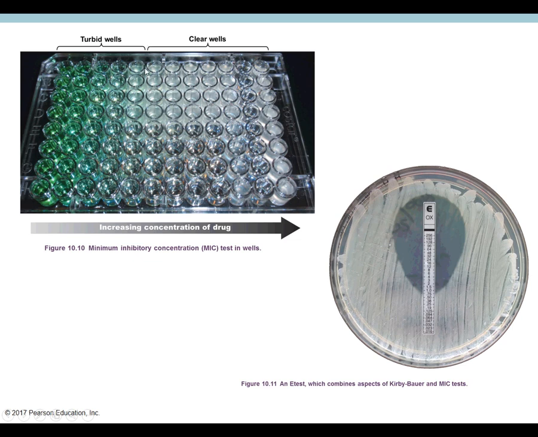And at the transition point between a clear well and the next well that is cloudy, you have the drug concentration that is the smallest amount needed to stop the growth of the bacteria. So this is called the minimum inhibitory concentration test, because it helps you to find what's the minimum amount of the drug that I would need to give to the patient to stop the growth of the bacteria.